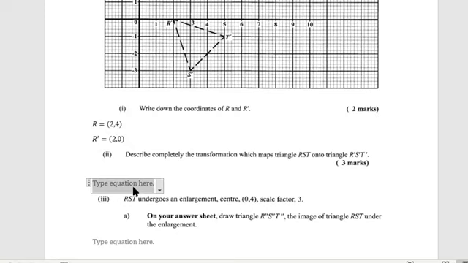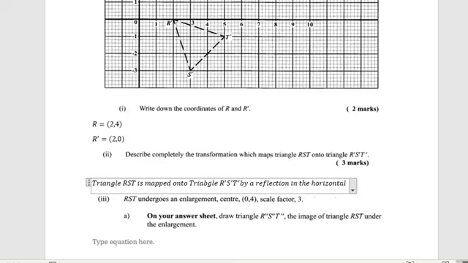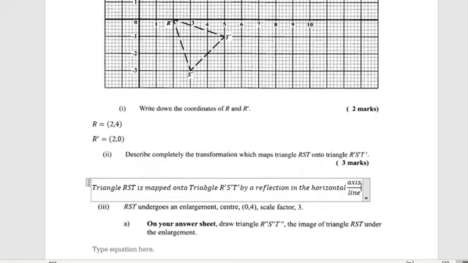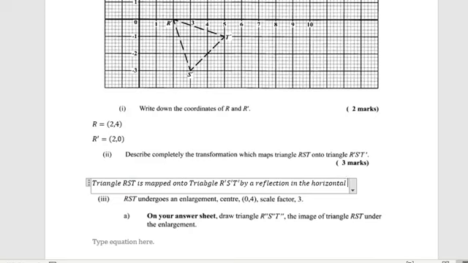So I guess we can start by saying triangle RST is mapped onto triangle R prime, S prime, T prime by a reflection in the horizontal line where y is equal to 2.